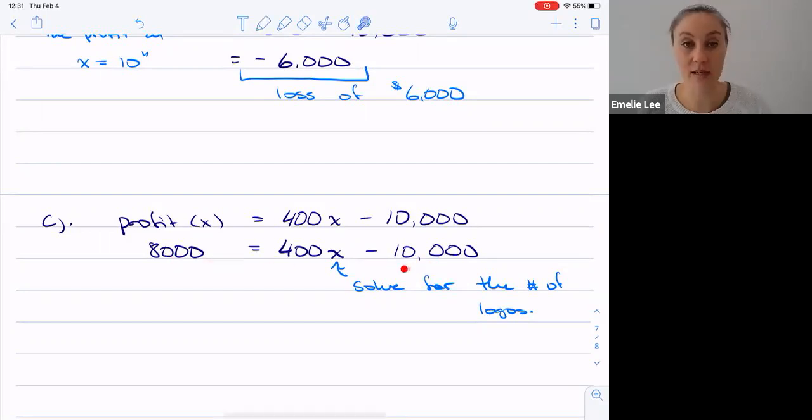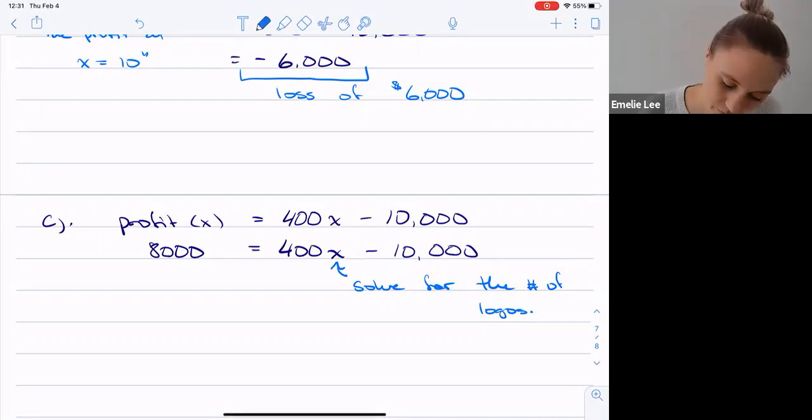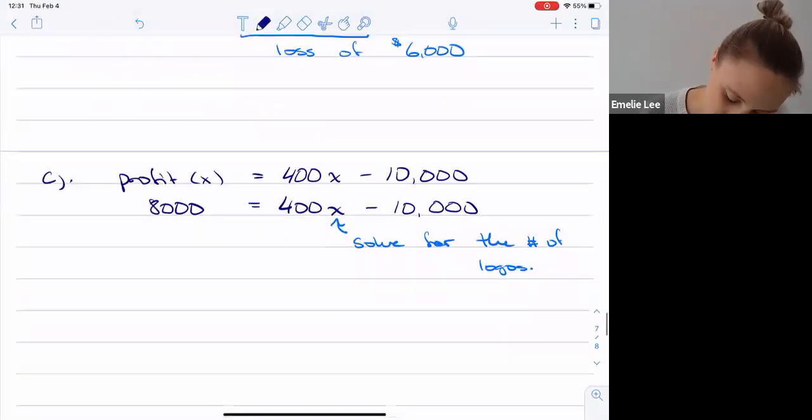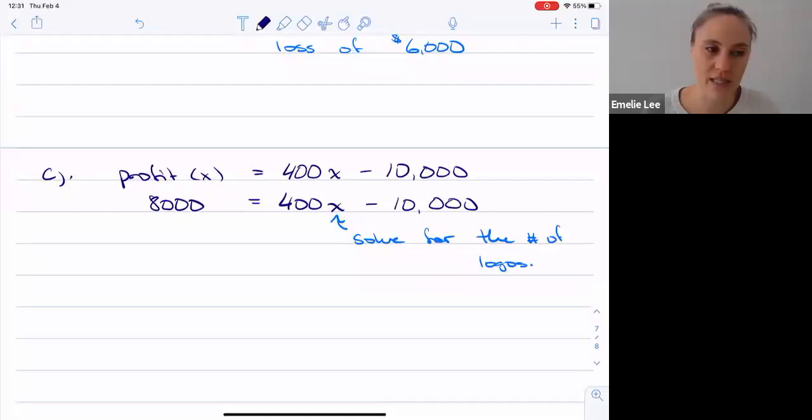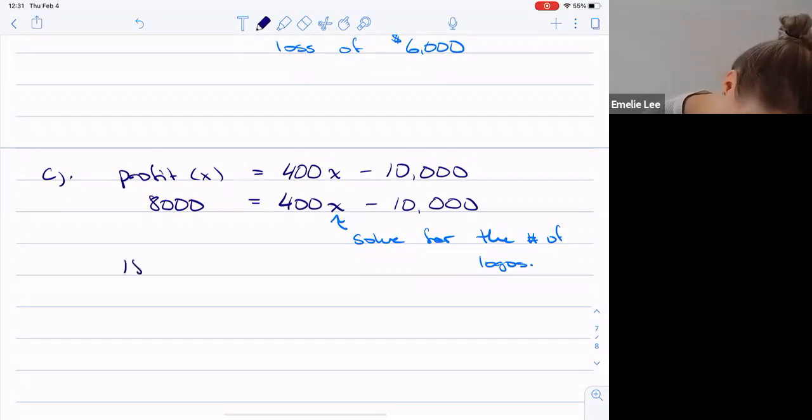So solve for the number of logos. The math here is not bad, right? You're solving for X, you have to add 10,000 to both sides and then divide both sides by 400. That's not the problem. The problem is reading these questions and saying, okay, so how do I need to set this up, right? That's the hard part. The math is fine. So I'm just going to do it: 8 plus 10,000 is 18,000.